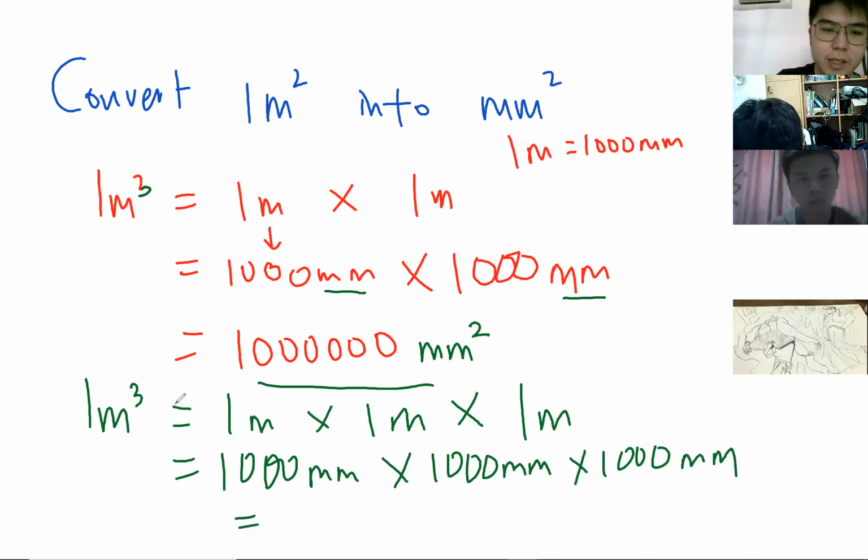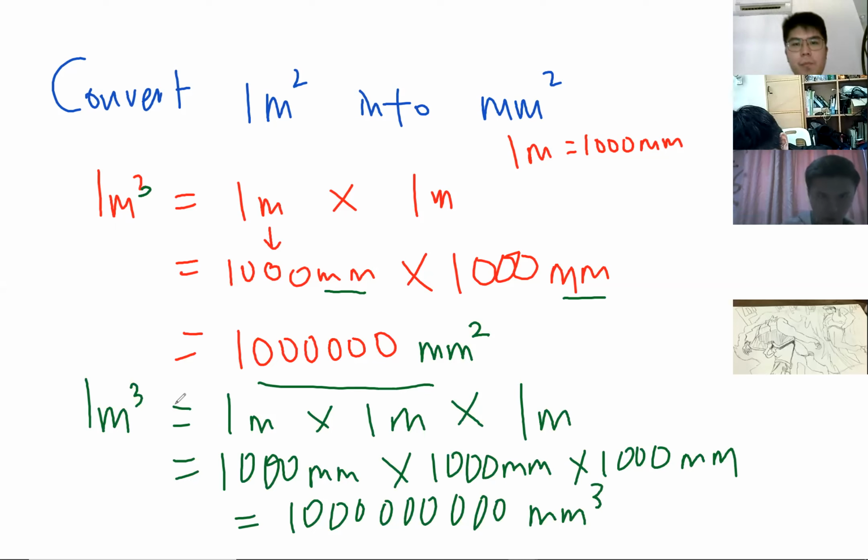The final answer is 1, 2, 3, 4, 5, 6, 7, 8, 9 zeros millimeter cube. It's 1 billion millimeter cube.